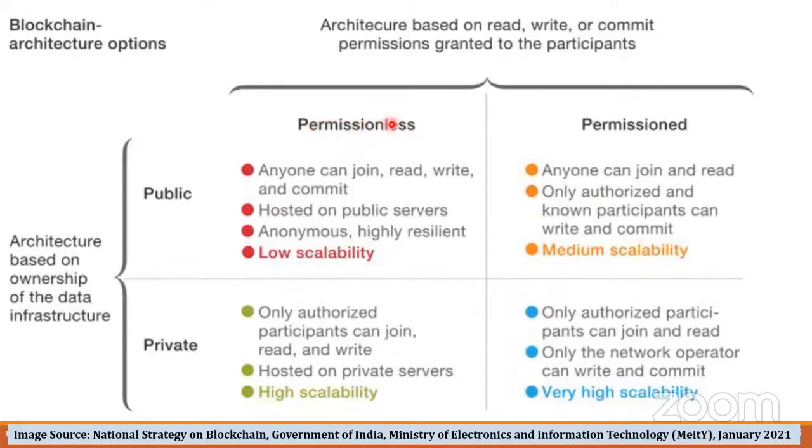Everybody can join, read, write, and commit. It is hosted on public servers, and by public servers I mean those nodes which are participating in the network. It is anonymous and highly resilient, but at the same time it has low scalability compared to others.